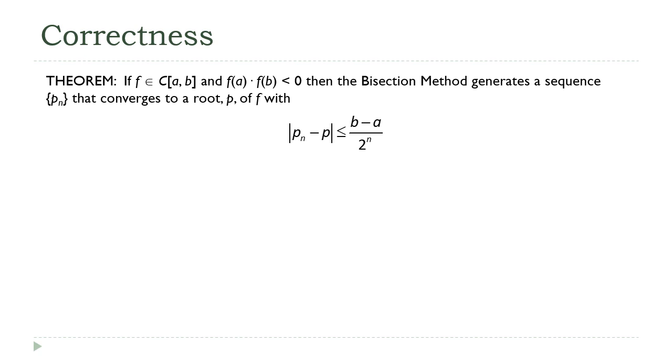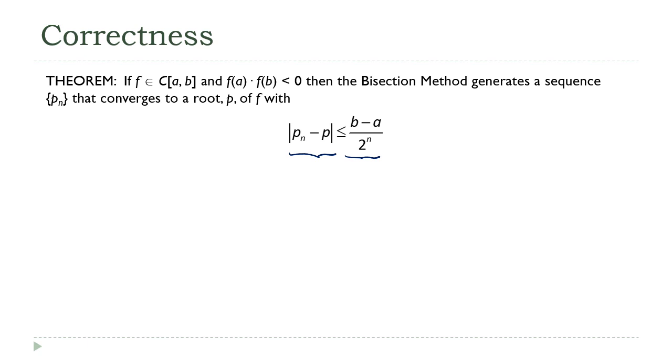All right, so let's take a look at this. The left-hand side, remember p sub n is the nth midpoint, and p is the actual root. So this part here, this is our error. It's how far our approximation is from the actual exact answer. And this inequality is saying that that has to be less than or equal to this expression here.